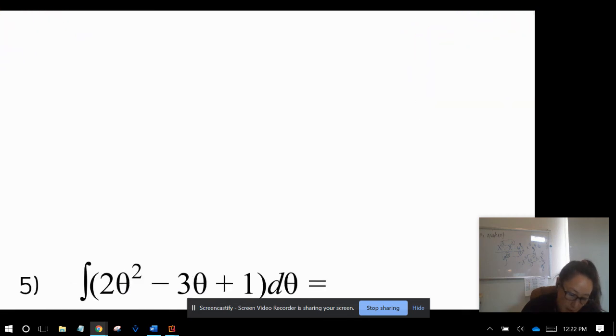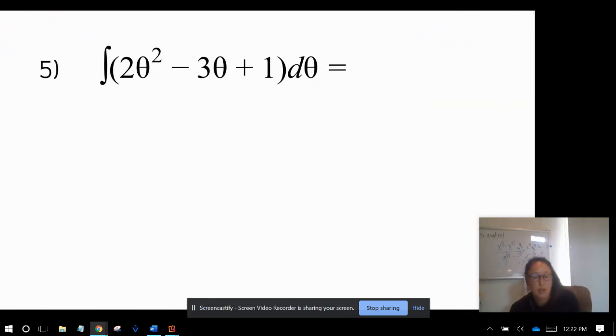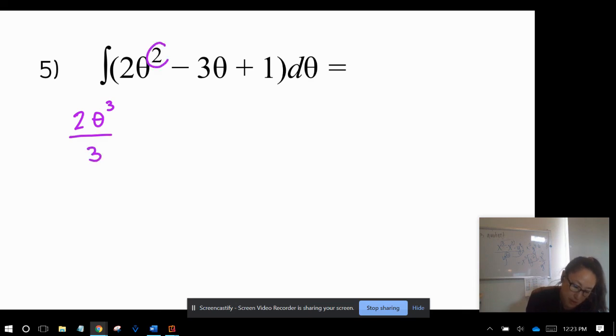Okay, number 5. So polynomial, the integral of 2 theta squared minus 3 theta plus 1 d theta, with respect to theta. So I'm going to start by just writing 2 theta cubed divided by 3, so I always raise the power by 1. Whatever the power is, that's what I'm dividing by. Okay.